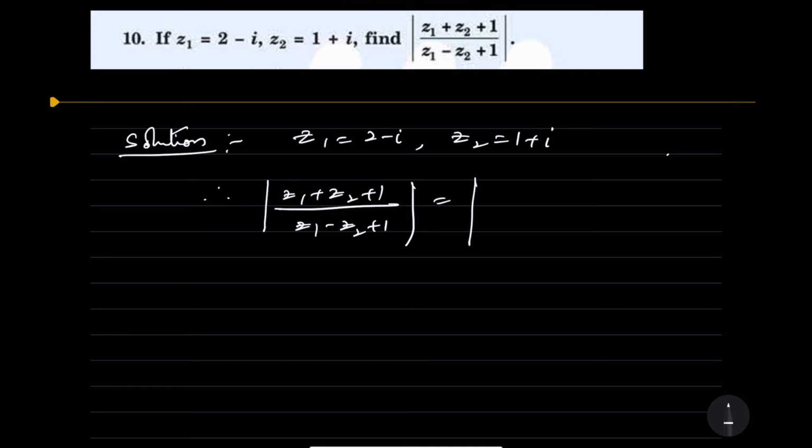here you are going to get (2 − i + 1 + i + 1) divided by (2 − i − 1 − i + 1).